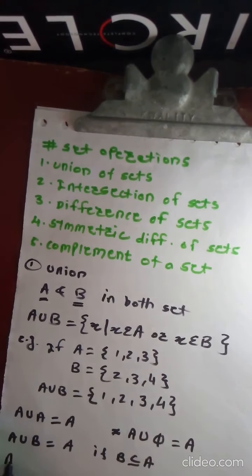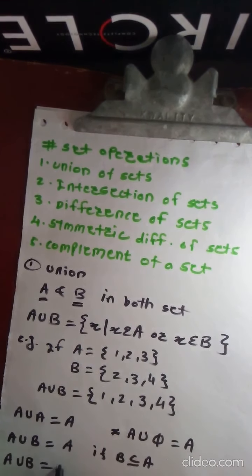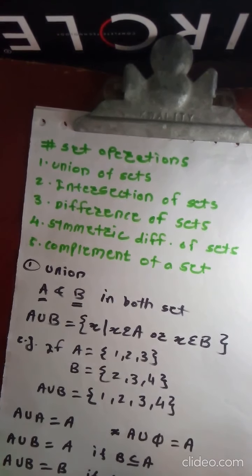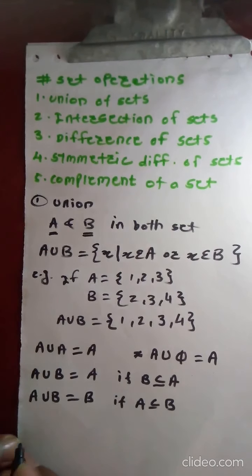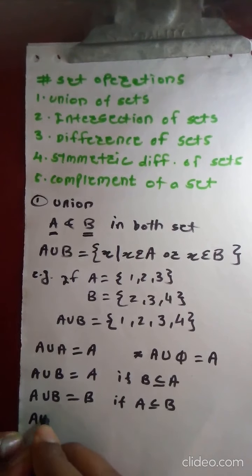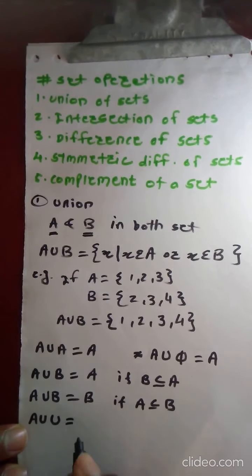Next one is A union B is equal to B if A is subset of B, right? Then next, A union U, where U is the universal set, then its output is universal set, right?